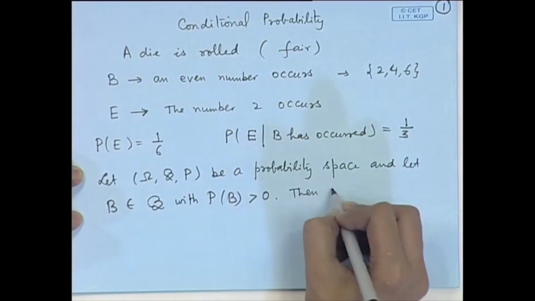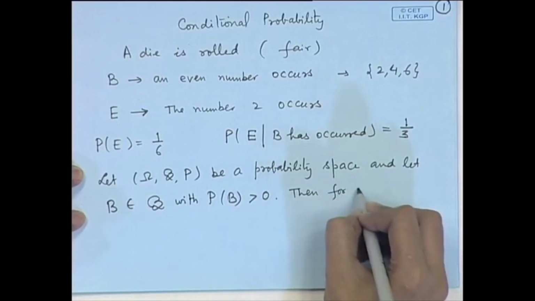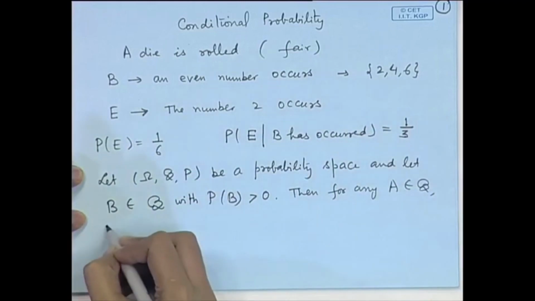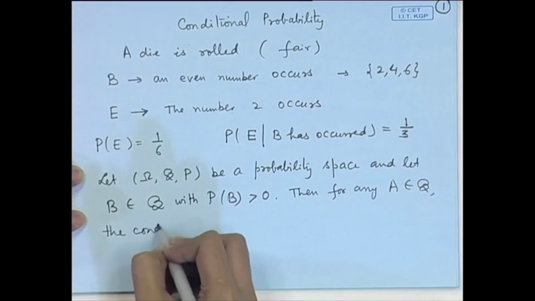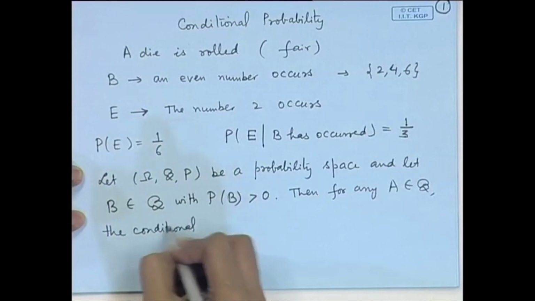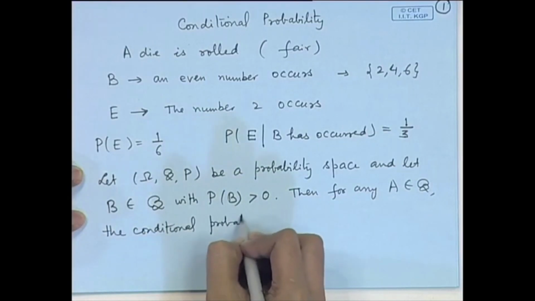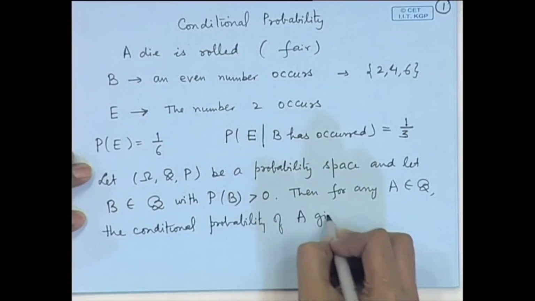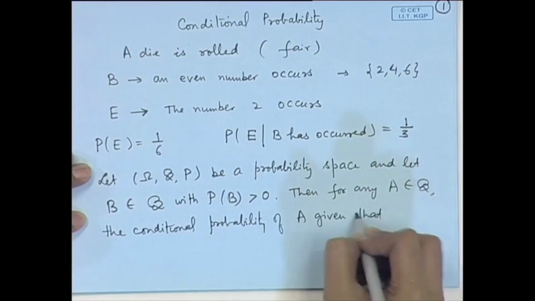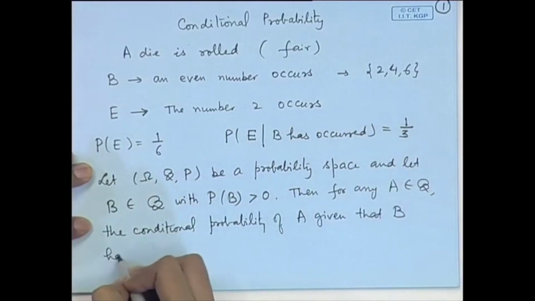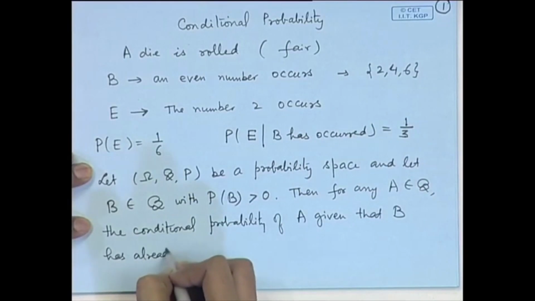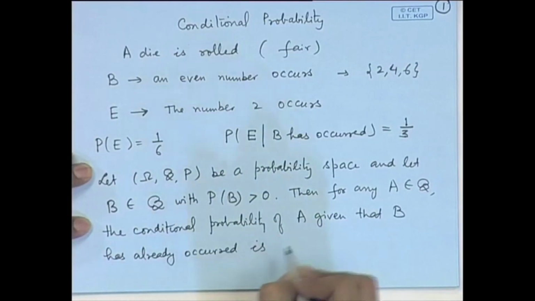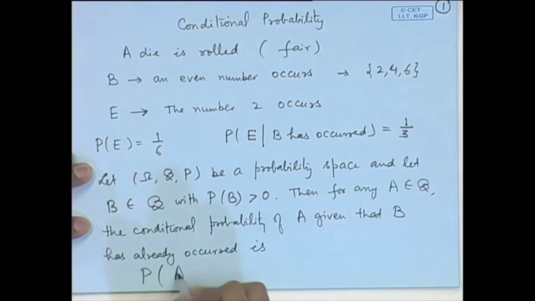Then for any event A, the conditional probability of A given that B has already occurred is defined by P(A given B).